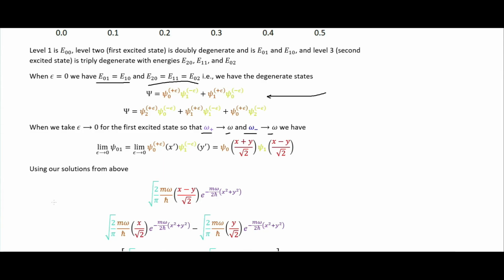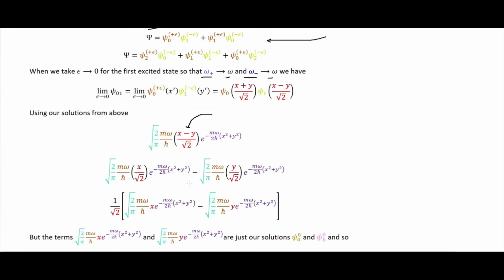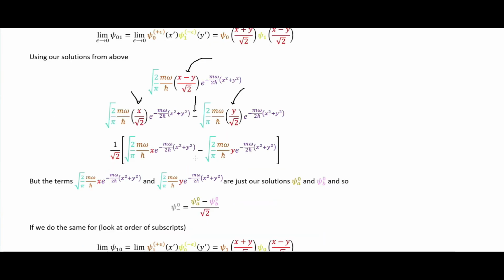And so from our solutions above, when we put these into the equations here, we have this x minus y over square root of 2. We can split this into x and the minus y, so we have the minus there, the y over square root of 2 and the x over square root of 2. And so we just factor out this 1 over square root of 2.